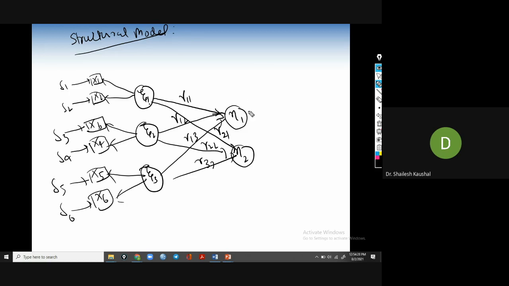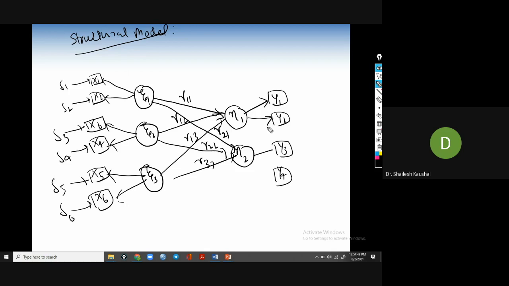So there are two variables, y1 and y2, dependent variables. Another endogenous variable, y3, and y4, dependent variables.